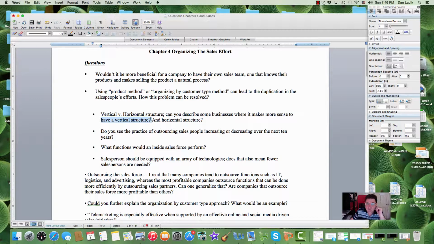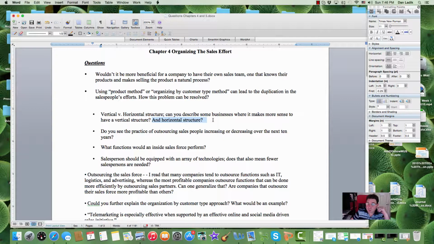Vertical, probably in regulatory type industries, such as pharmaceutical, such as healthcare, such as telecom, where there's significant government, military, like military, not Army, Navy, but like Lockheed Martin. These would have to be vertically structured, right? There has to be specific rules.